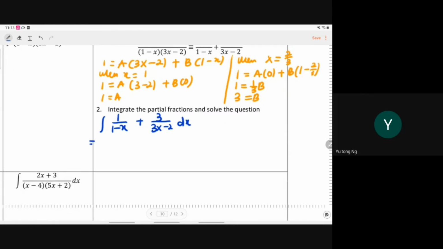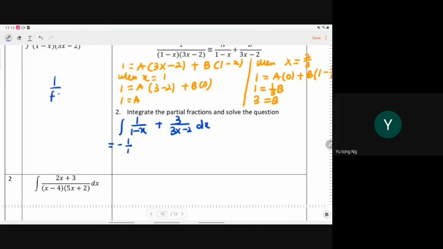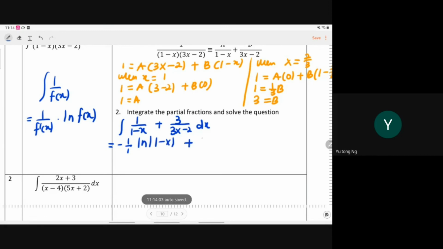So this one dia akan jadi negative 1 over 1. Kenapa? Sebab when you integrate 1 over f(x), okay, so you akan dapat sama dengan 1 over f prime(x) darab dengan ln f(x). Okay, so negative 1, ln(1 minus x) plus, okay, 3.